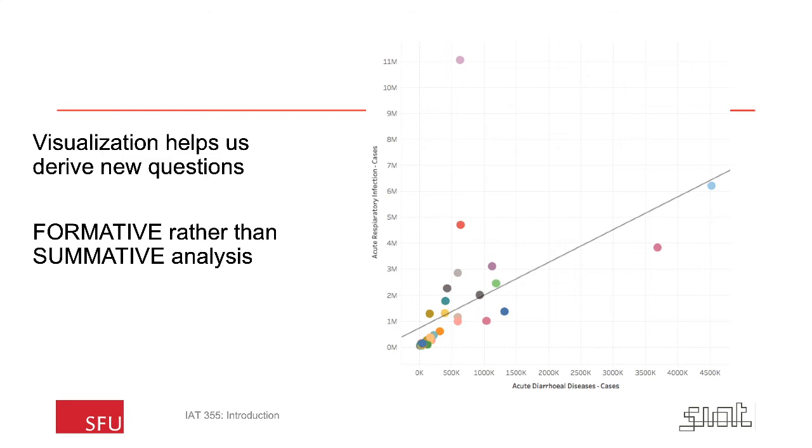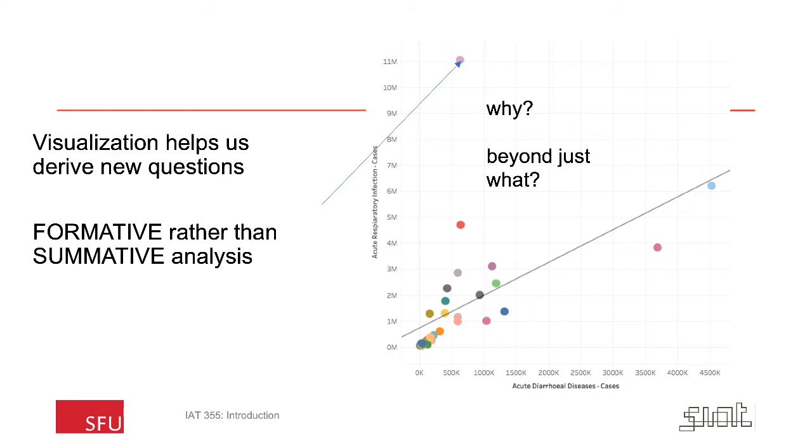So in this case, we see that there is this plot which plots the occurrence of acute diarrheal diseases on the horizontal axis and acute respiratory infection, the number of cases, on the vertical axis. One of the things that's interesting is that there's a correlation between those two things, with a significant outlier right here, where there is a significant amount of respiratory infections present.